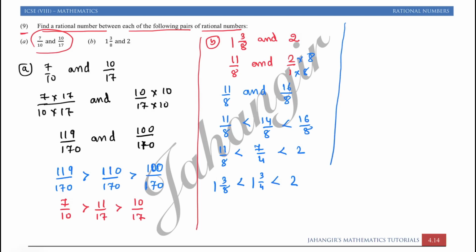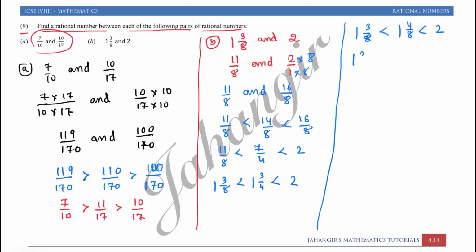If you want to do this type of questions directly, what you can do, you can write 1 3 by 8 less than 1 4 by 8 less than 2, because 1 3 by 8, 1 4 by 8, 1 5 by 8 we had learned in number line. 1 3 by 8 is 1 के बाद 3 marking, 8 marking का 3 marking. So we can write 4 by 8 or we can even write 5 by 8.